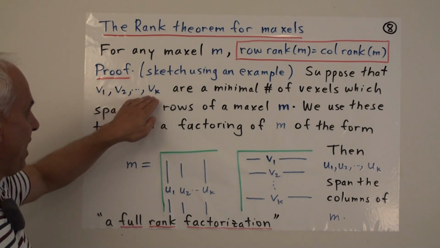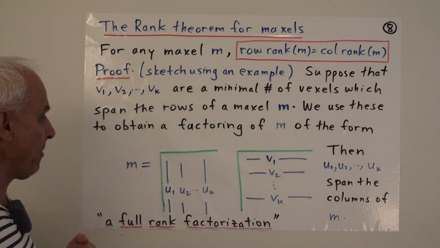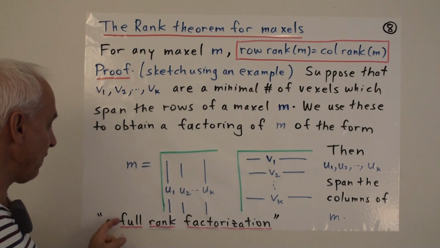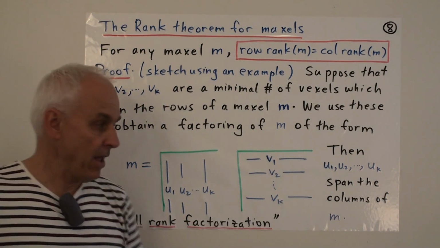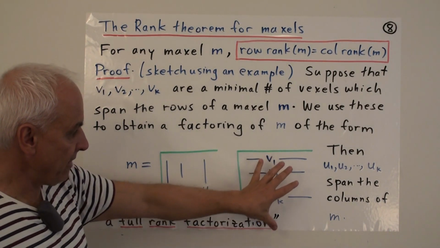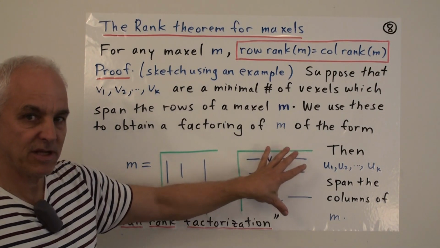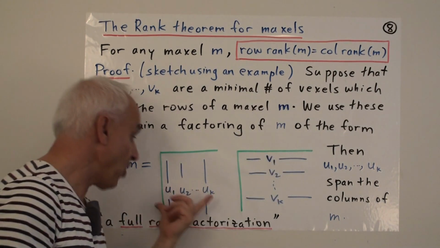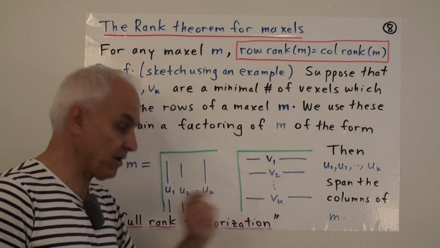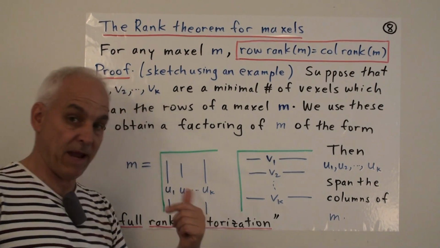So given a minimal number of vexels which span the rows of a maxil m, we can cook up this factorization of m, and it's called a full rank factorization. And it's really the existence of this factorization that allows us to say something about having vexels which span the rows giving us columns which span the columns. So that's what happens. If these things here span the rows, then these ones here, these columns, will span the columns of m.